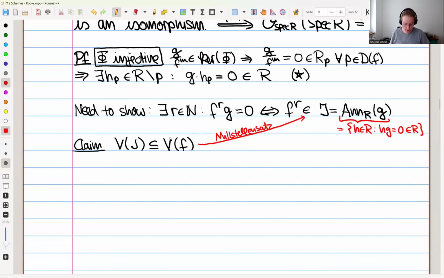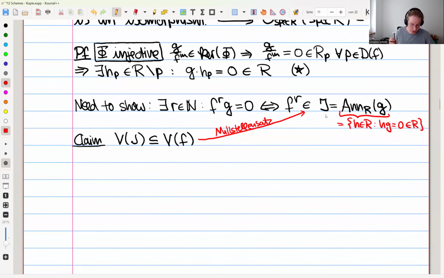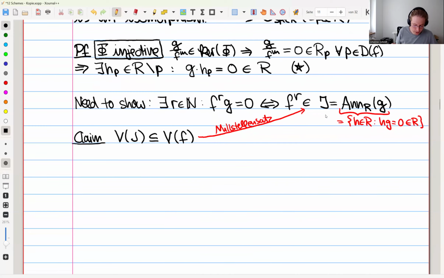So in other words, the radical of the ideal generated by F is contained in the radical of J. In other words, F is in the radical of J, so some power of F is in J. Okay. And so we just need to prove this claim.